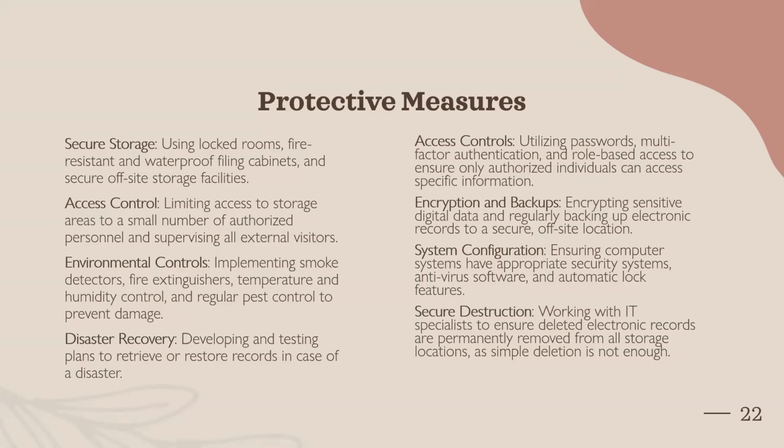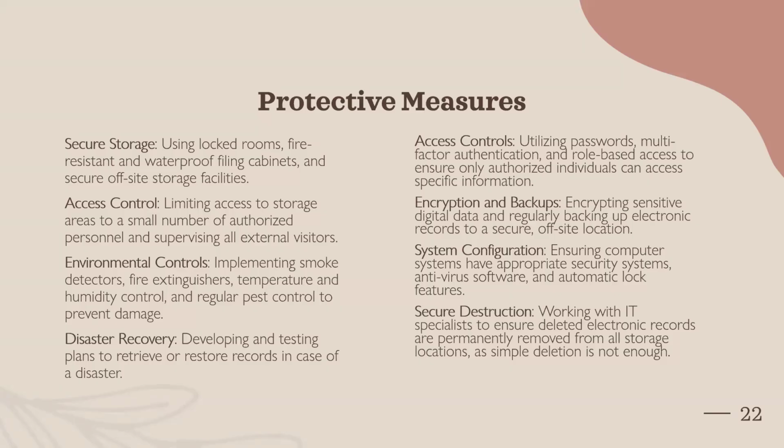Environmental controls, implementing smoke detectors. We need smoke detectors in our offices just in case there is fire, so that we can rescue our information. Fire extinguishers, just in case an office catches fire, we can extinguish that fire. Temperature and humidity controls, I talked about those ones.